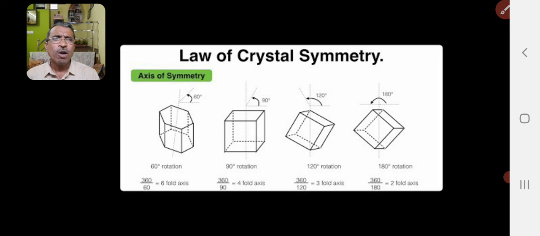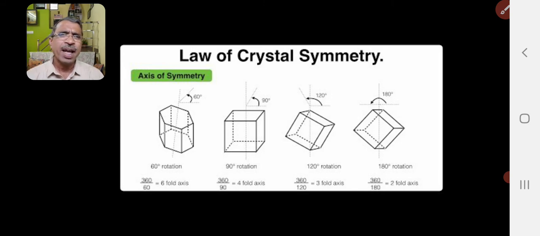It means for every rotation of 90 degrees, the cube appearance will be the same. Hence it is called the fourfold axis of symmetry. Now since there are 6 faces, you have 3 fourfold axes of symmetry possible.